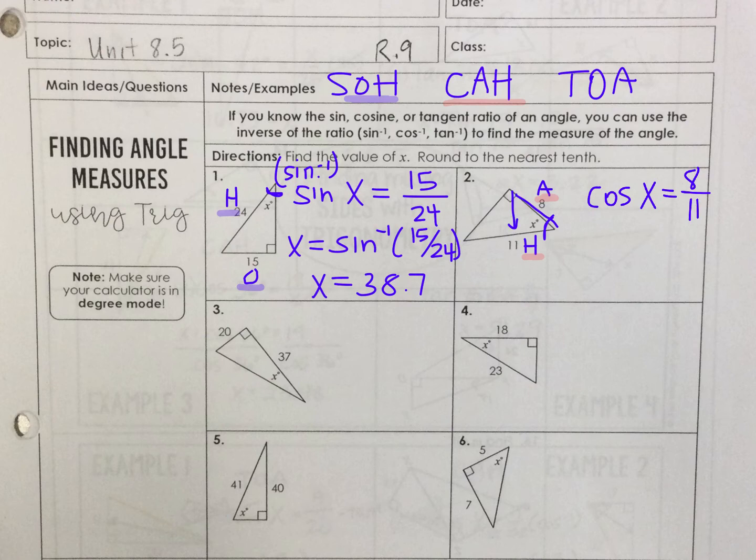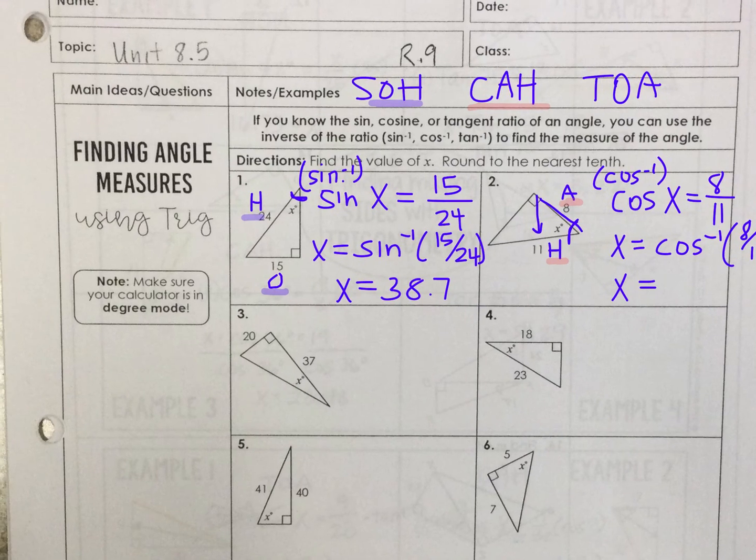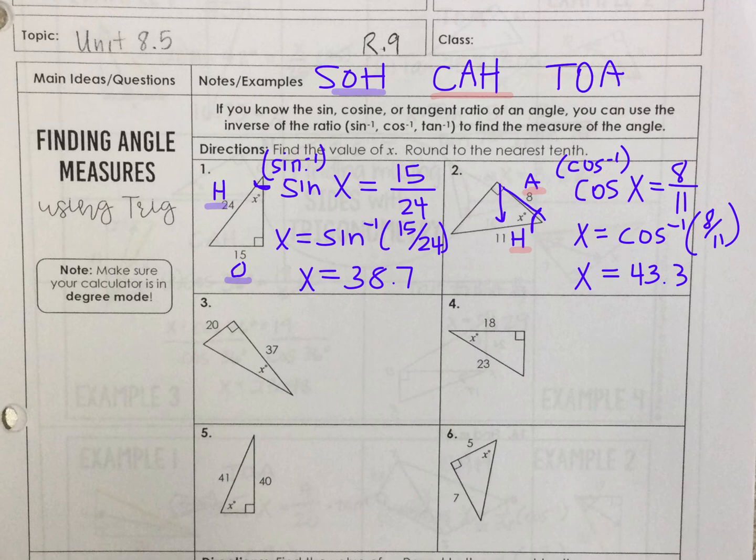Okay, same thing again. I need to get rid of that cosine, so I have to multiply by its opposite on both sides. When I do that, I get x equals the cosine of -1 of 8 divided by 11. When you type that in your calculator, you get 43.3. So that tells me that angle is 43.3 degrees.